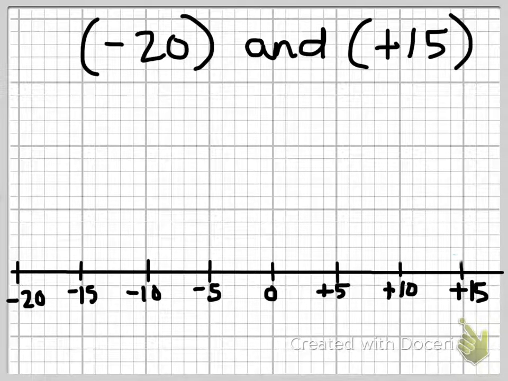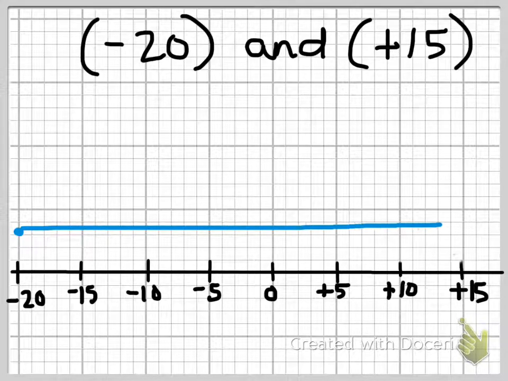So here we have on our number line negative 20. And I'm showing that with a blue dot right there. So if I want to know the difference from negative 20 to get to positive 15, I'm actually going to draw a line that goes all the way to positive 15.